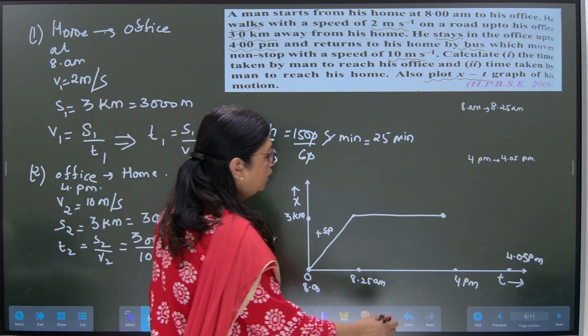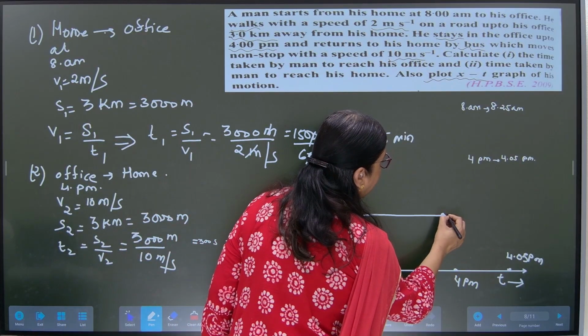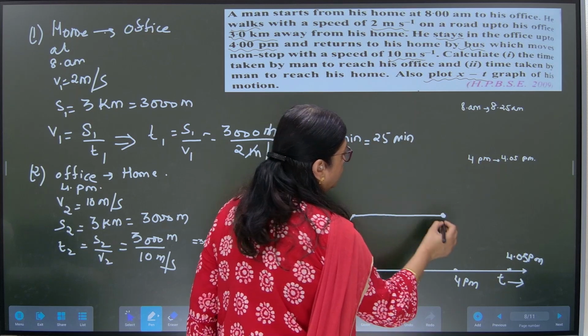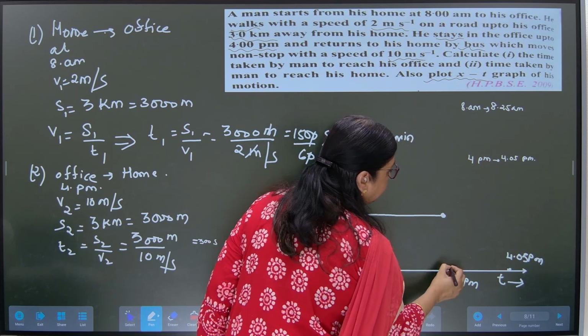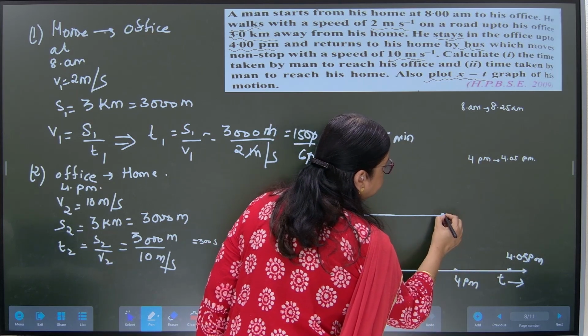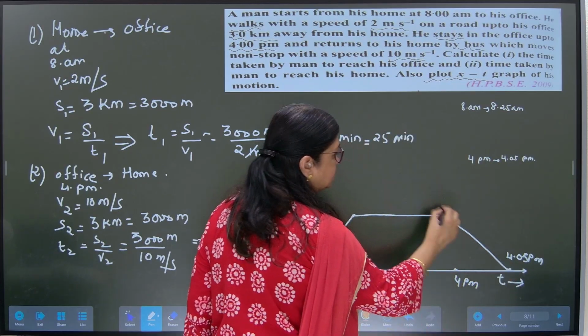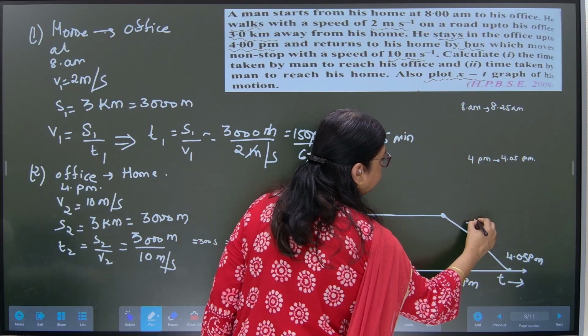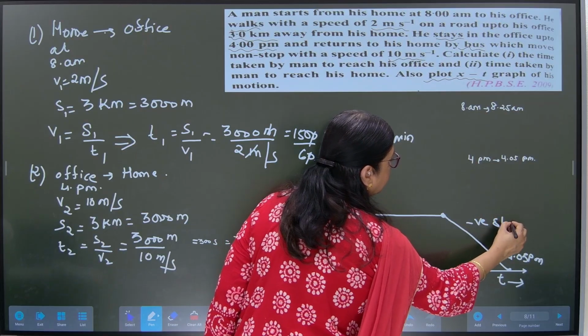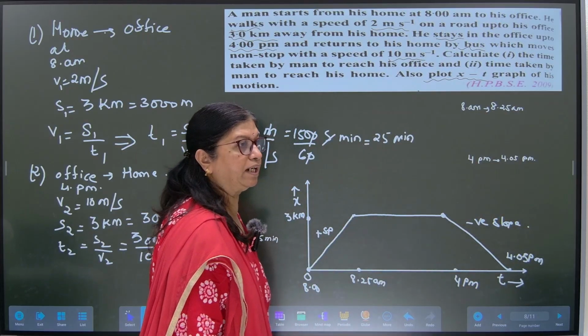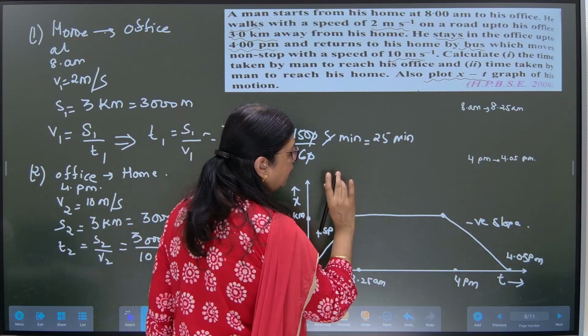Now at 4 p.m. again he starts towards the home. So as the time increases, the distance between his home and the office decreases. So this type of graph is a negative slope graph. So negative velocity I will get. What will I get here?